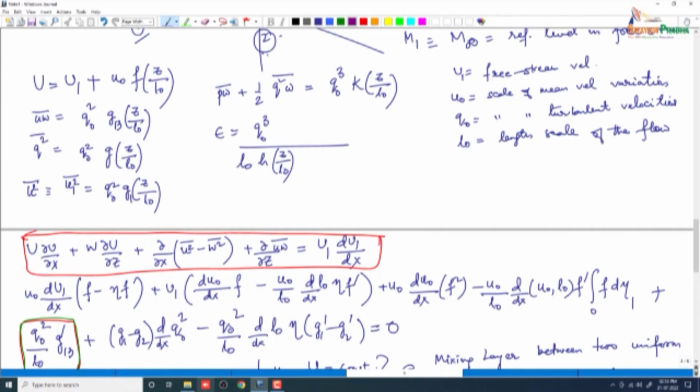We have equations which have to be satisfied. There might be flows which, like I said, do not satisfy these conditions, but they do exhibit some self-preservation characteristics, which may not be very distinct or very pronounced, but are still likely.